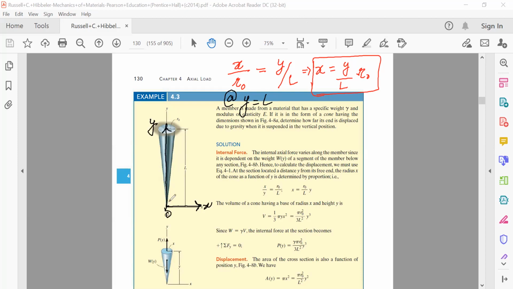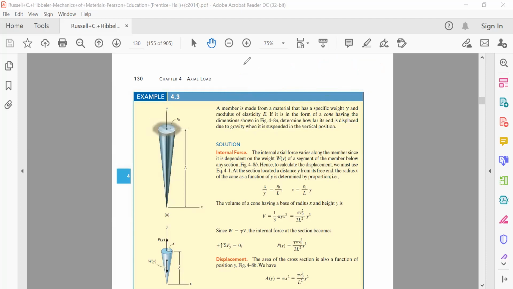Therefore the distance from here to here is equal to L. So when the value of y is equal to L, what will be the value of x? x will be L by L into r naught, which is equal to r naught, and which is correct. So this gives us the formula x is equal to y by L into r naught. Call this equation first. This gives us the value of this radius.